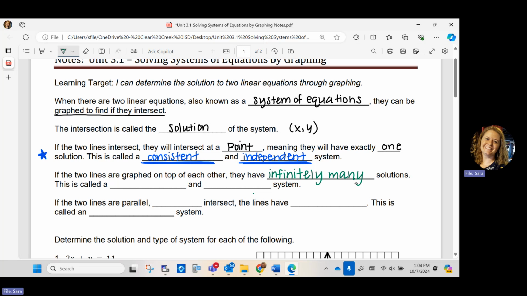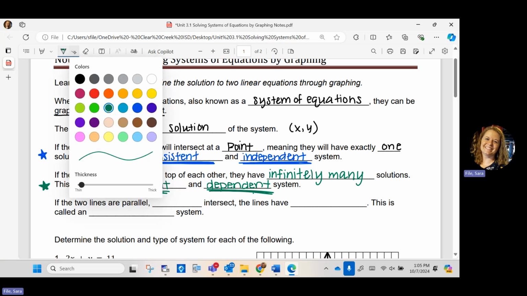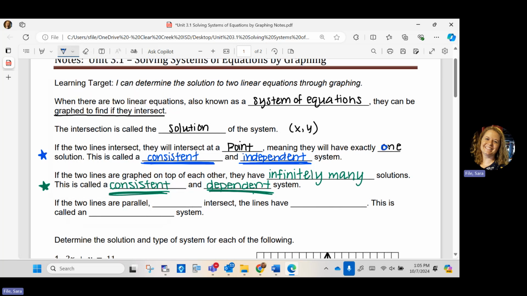So there are infinitely many solutions. This is also a consistent system, but it is dependent. Consistent and dependent. So this is our second type of system, consistent and dependent, whereas the first type was consistent and independent. And that's when you only had one solution.